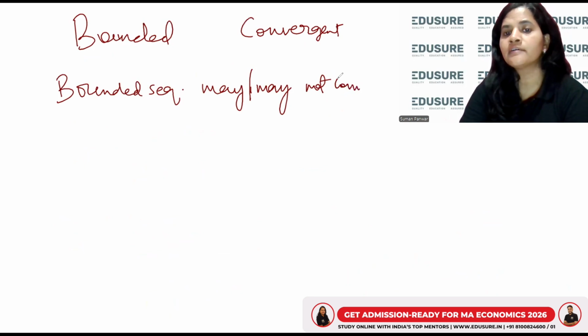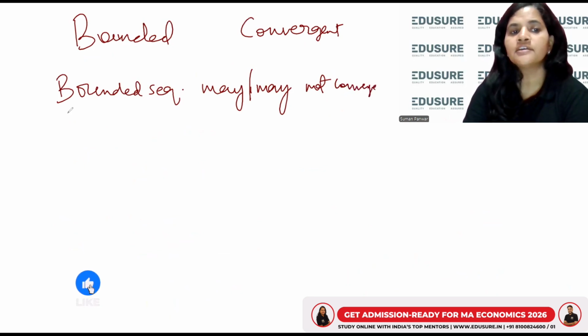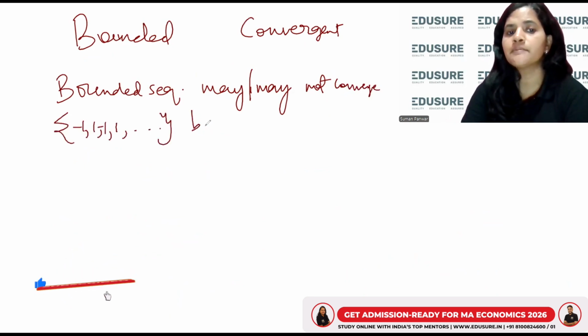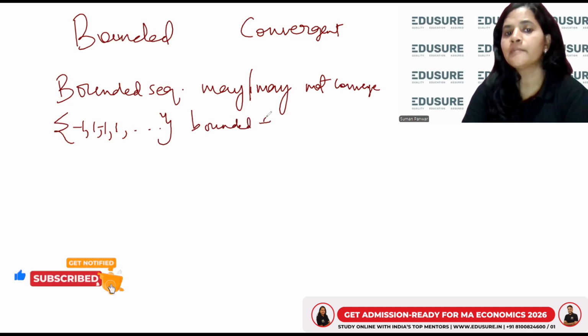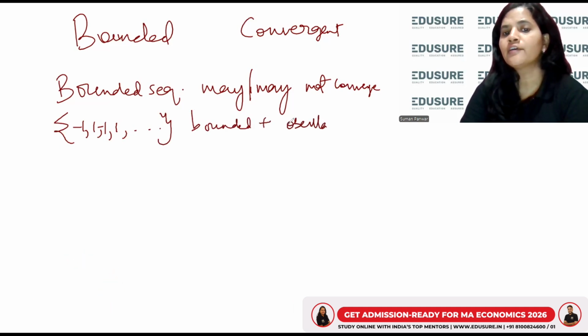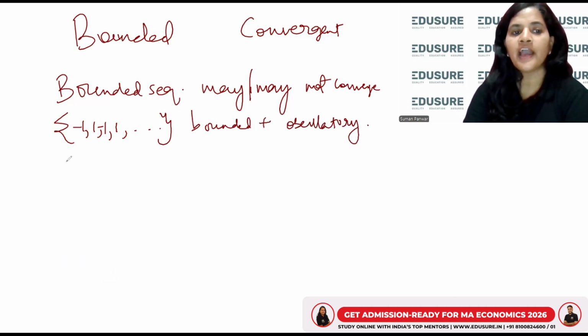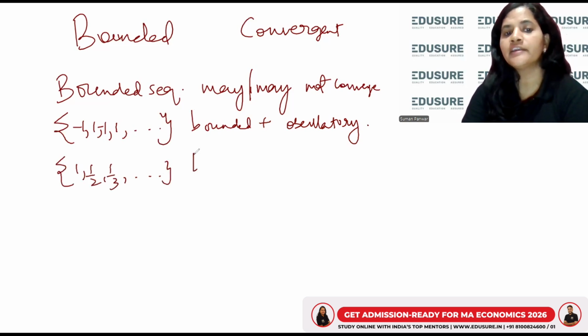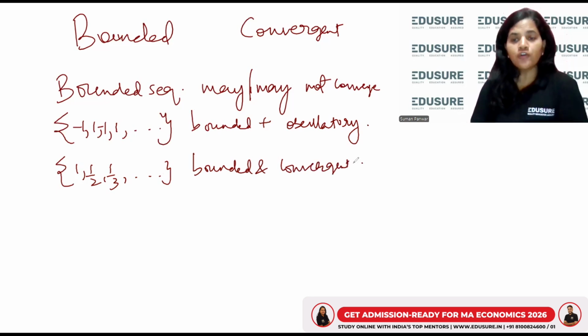For example, the sequence minus 1, 1, minus 1, 1 is bounded plus oscillatory, so it is not converging. And we have seen the sequence 1, 1 by 2, 1 by 3, which is bounded and convergent. So if we are given that a sequence is bounded, we are not sure whether it is convergent or not. It can happen in whatever way.